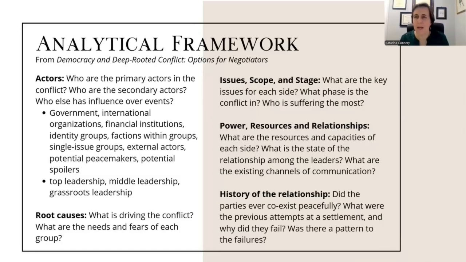Has there been a breakdown of communication in the past? Maybe a channel of communication was opened and it seemed things were going well, but it got derailed. For what reason? Why did that happen? That's very important because it impacts how people feel about the possibility for peace in the future.